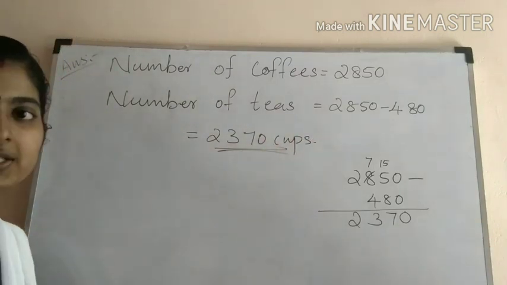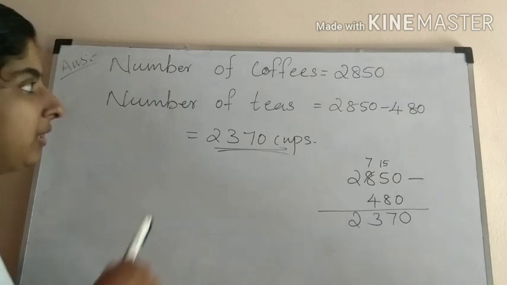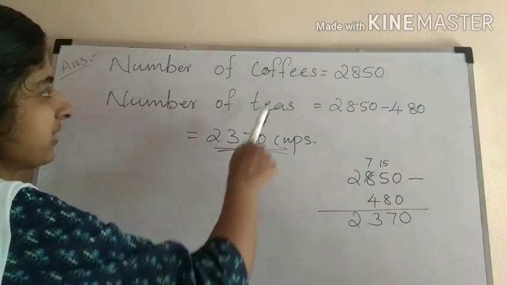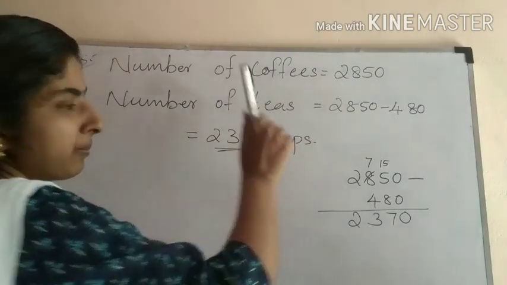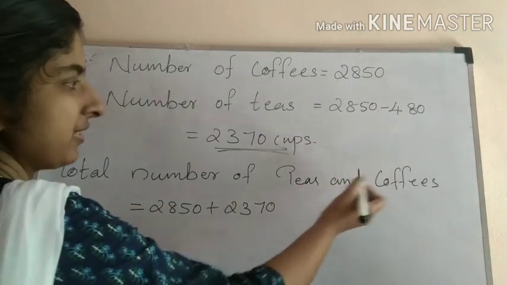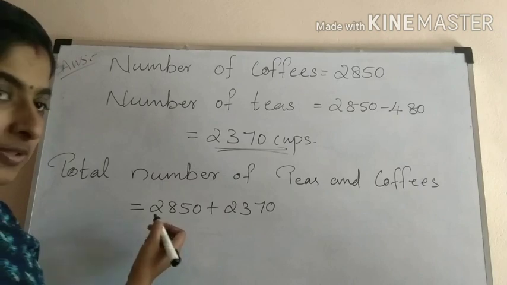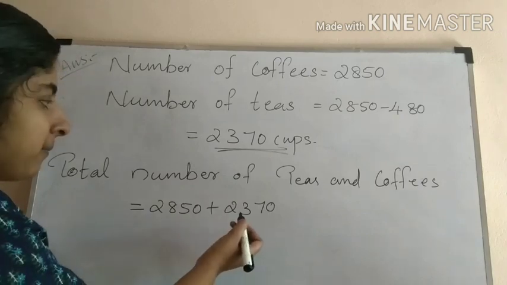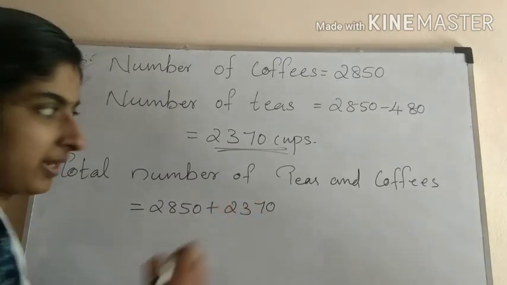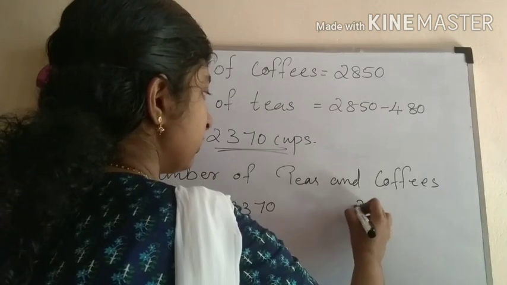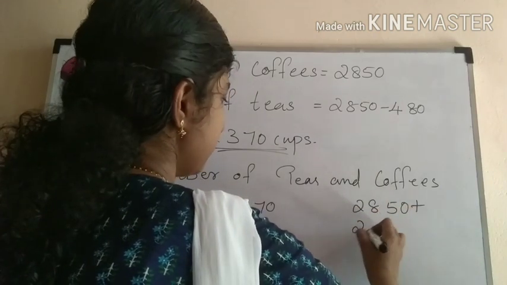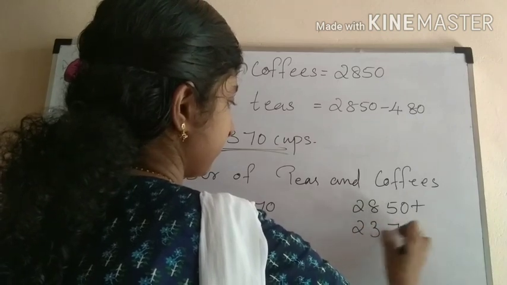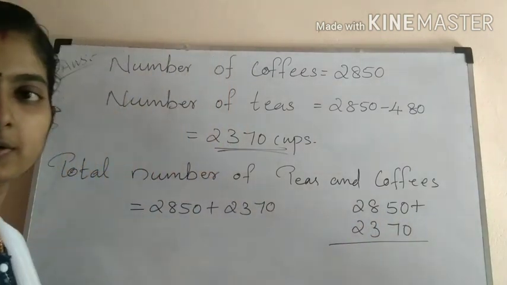Okay. After that, we have to find the total of this number of teas and number of coffees. Total means add these two numbers. See, total number of teas and coffees is equal to 2850 plus 2370. Find the total.